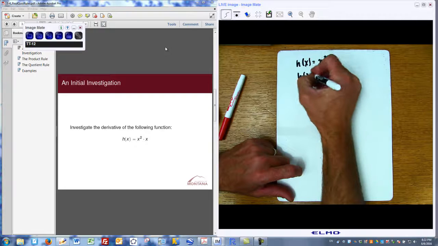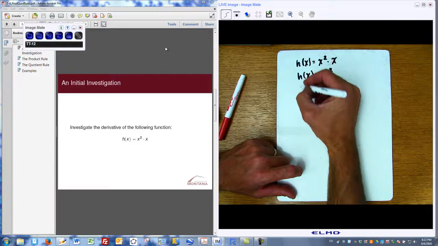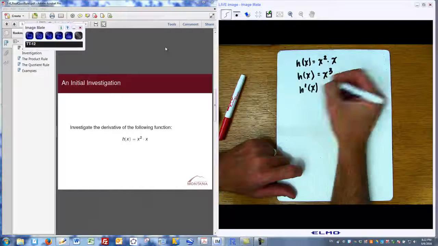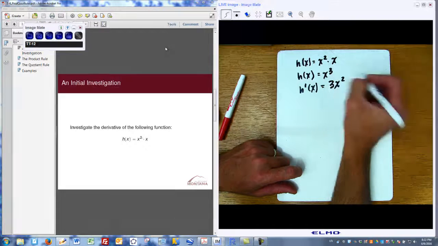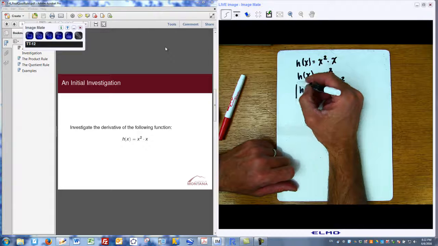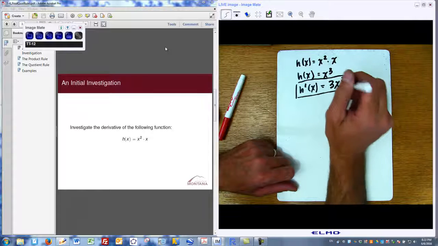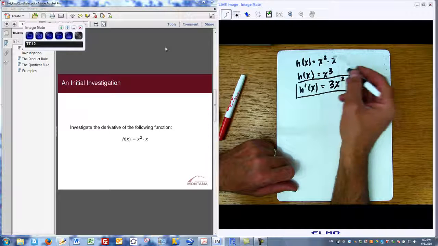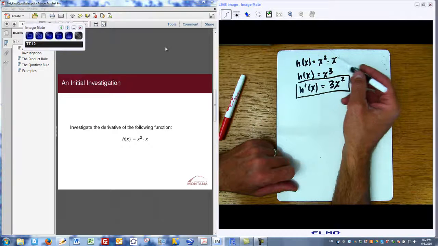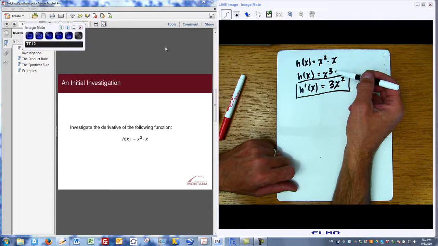H of x is the same thing as x to the third, and so h prime of x should be the derivative of x to the third, which we know from the power rule is 3x squared. We're allowed to algebraically simplify or rewrite this in an equivalent form, perhaps more convenient for taking a derivative.